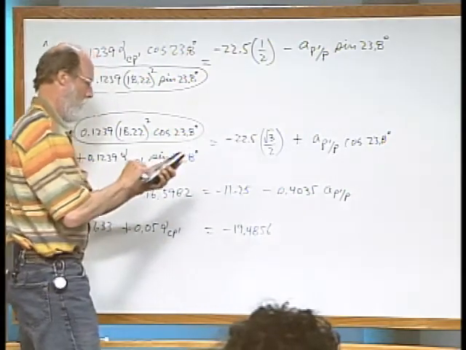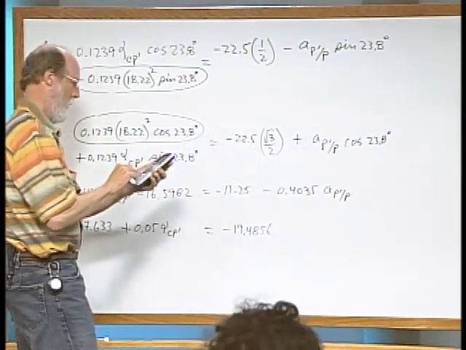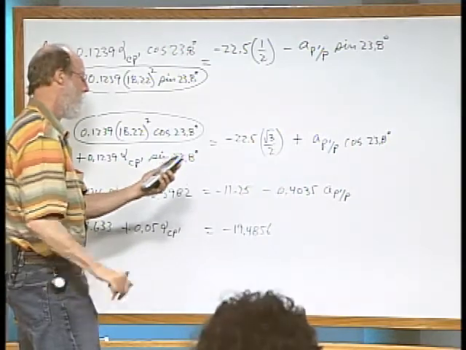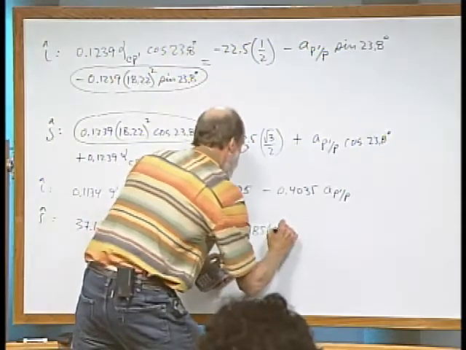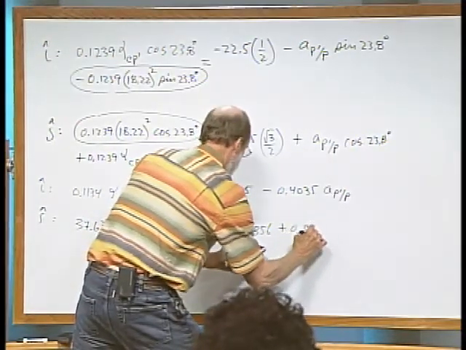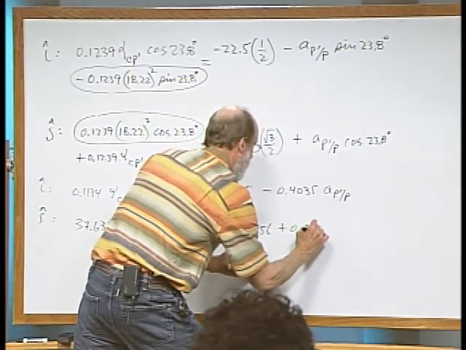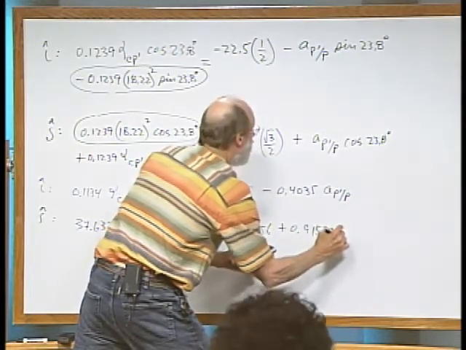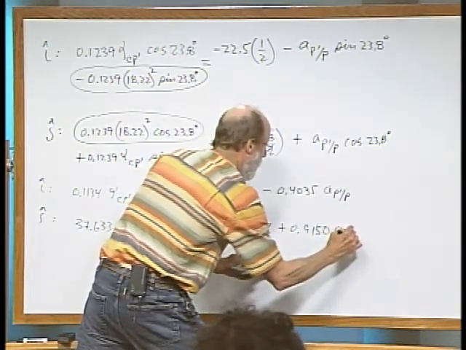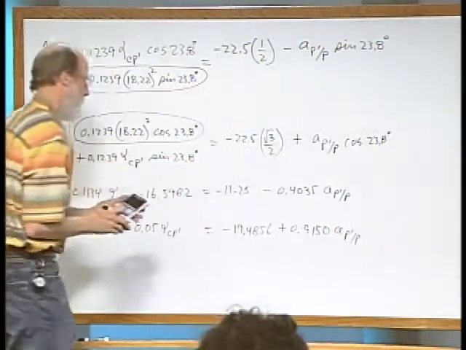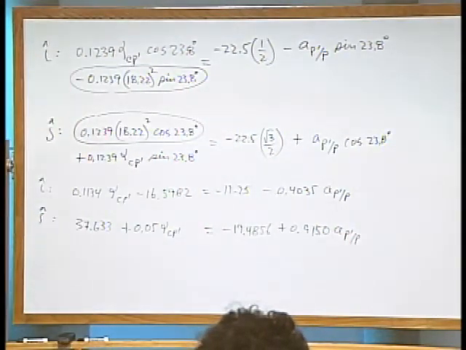And then the cosine of 23.8 is positive 0.9150. That gives the acceleration of p prime relative to p.